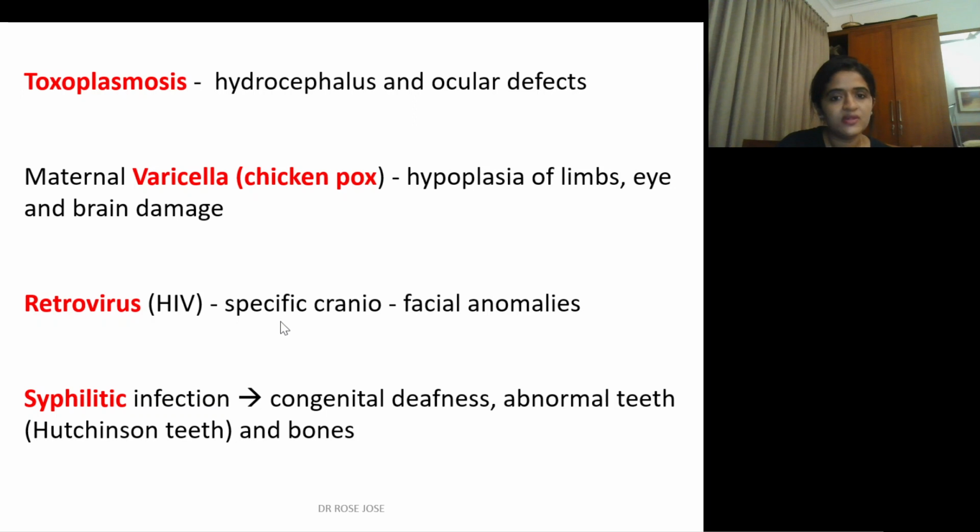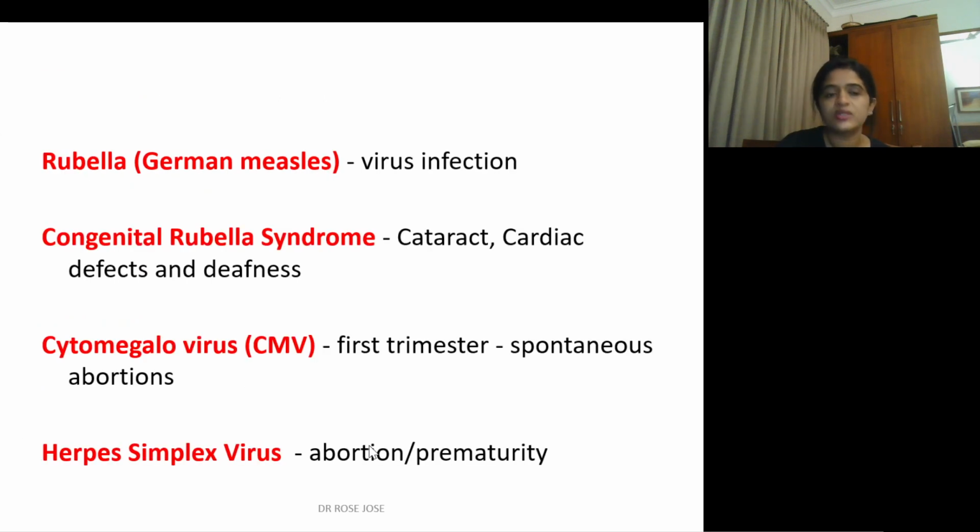Retrovirus, that is HIV, results in specific craniofacial anomalies. Syphilitic infection results in congenital deafness, abnormal teeth, Hutchinson teeth, which is a very pathognomonic feature, and defects in bones. Rubella or German measles results in congenital rubella syndrome, that is cataract, cardiac defects and deafness.